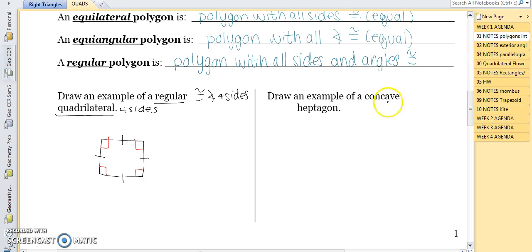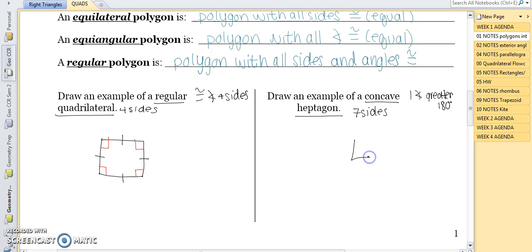When we're drawing an example of a concave heptagon, let's figure out what this concave means. Concave just means one angle is greater than 180 degrees. Heptagon, right? Heptagon means 7 sides. So I'm going to first create my concave part of the polygon, right?